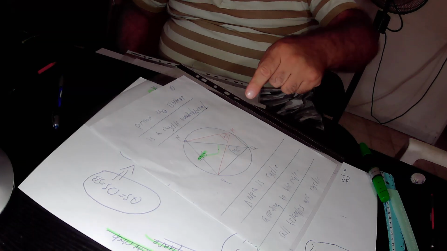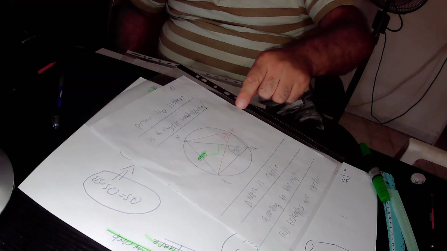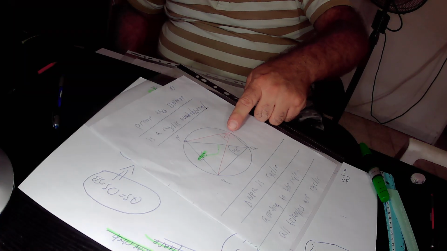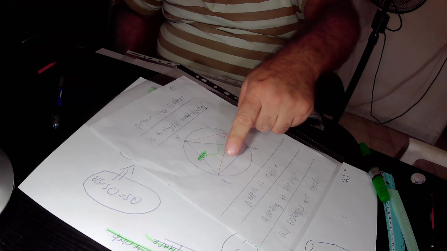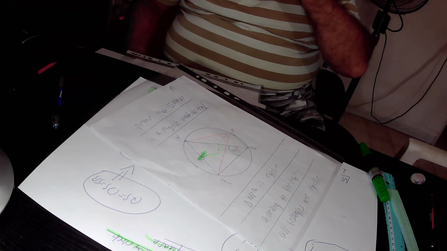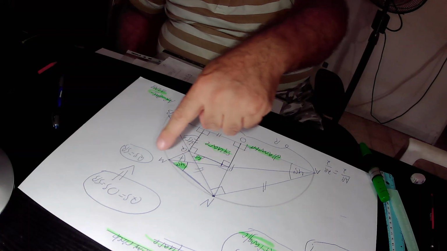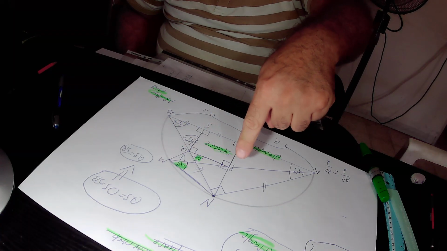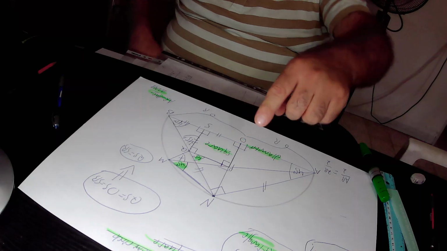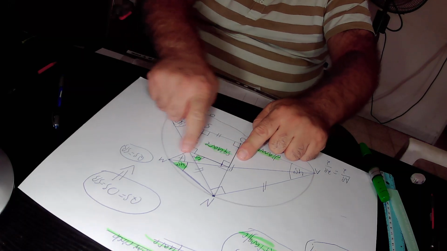One of those angles will be angle PMN, that is equal to 45 degrees in its size, and it also subtends on chord PN. This is angle PMN.